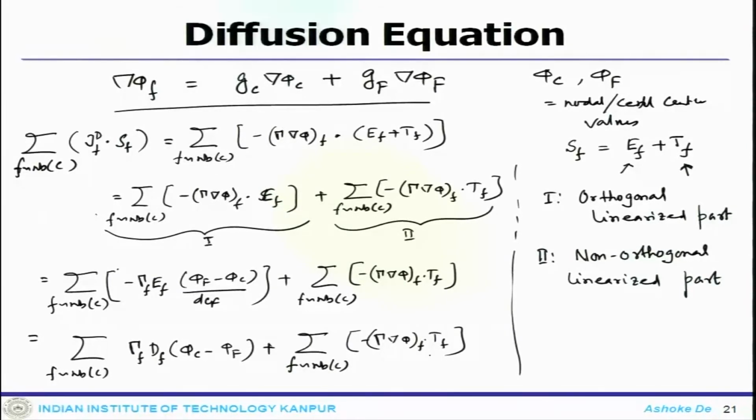Here the df is, similarly as we have defined for the orthogonal system, the geometric diffusion coefficient, which would be Ef divided by dCf. So, that is the definition of df.